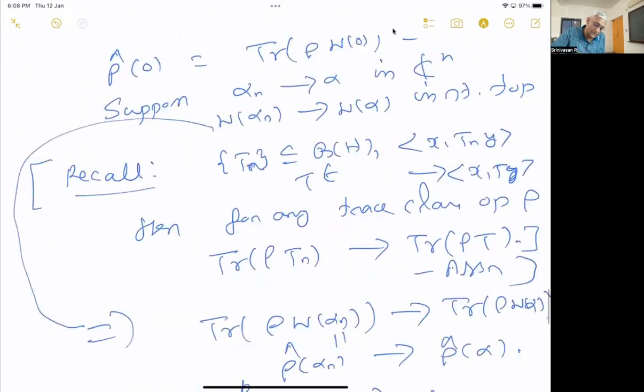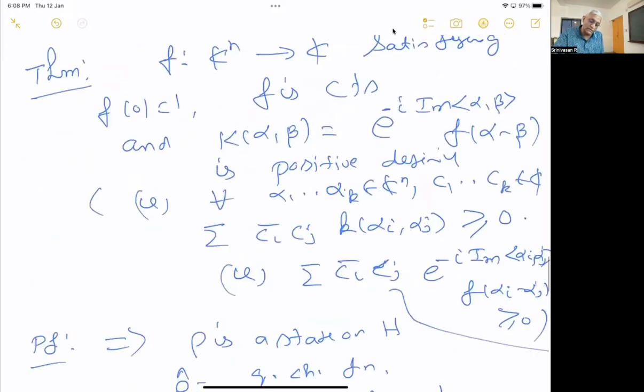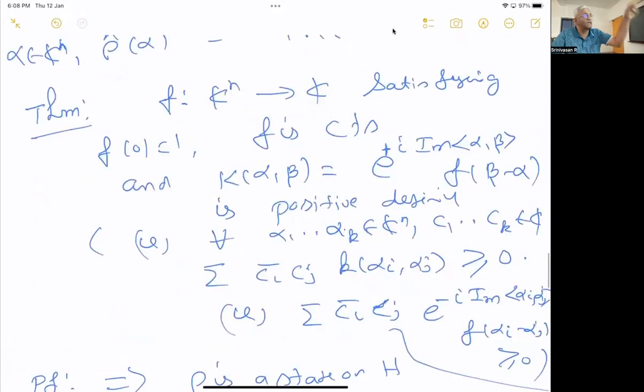There are two corrections to the theorem. Please note. First one is this is beta minus alpha, not alpha minus beta. And this should be plus. Please change the minus to plus in the theorem. And it is beta minus alpha. Anyway, let me look at the paper to make sure I'm correct.